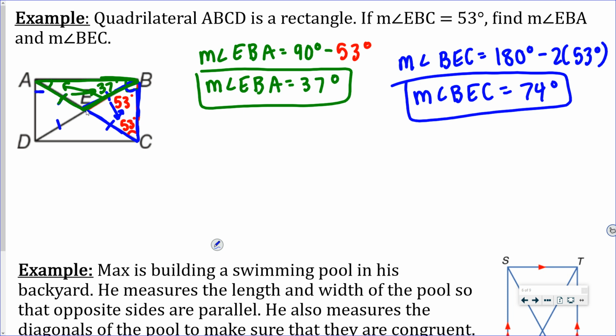And if these are complementary, what's this angle going to be? 53, right? So those opposite sides of the diagonal will be congruent, because they're complementary and we have all these little isosceles triangles. Good.